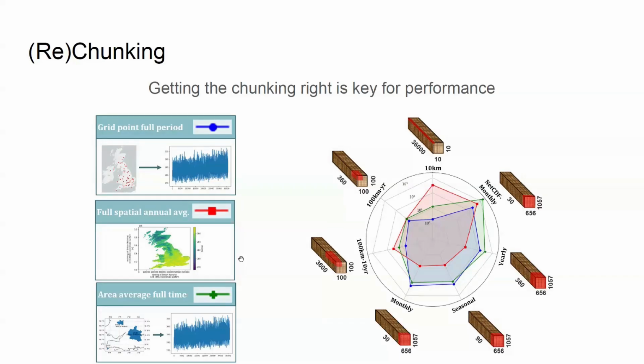If you want to pull out one time step and just look at all the spatial points, to get that, you have to download every single chunk of the entire data set, because each chunk that contains a little bit of spatial data you want also contains all the other time steps that you're not going to need to use. So that's the idea behind this, and therefore that comes with a huge cost in terms of performance, because you're moving around data that you don't need.